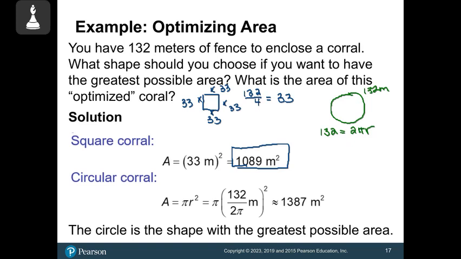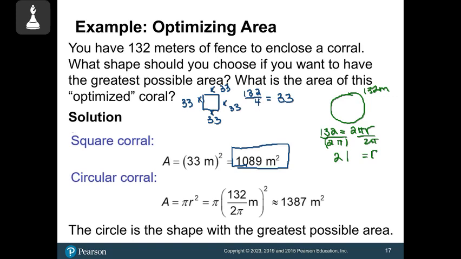So to get r by itself, I need to divide by 2, and I also need to divide by pi. When I do that, I get about 21 on my calculator. So it's going to be slightly off from the answer they have here, but that's okay.